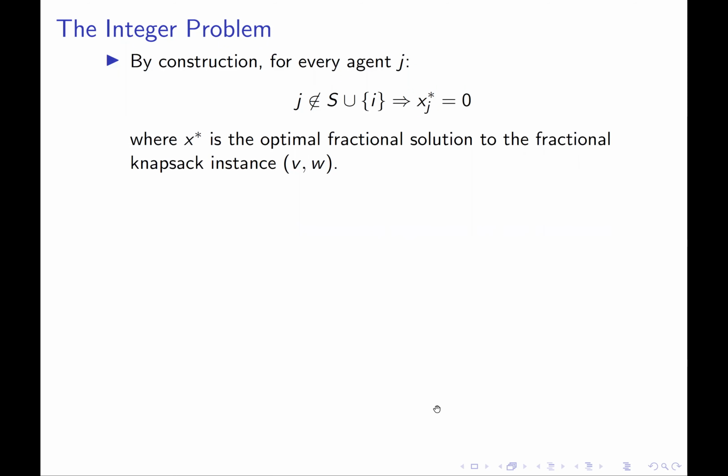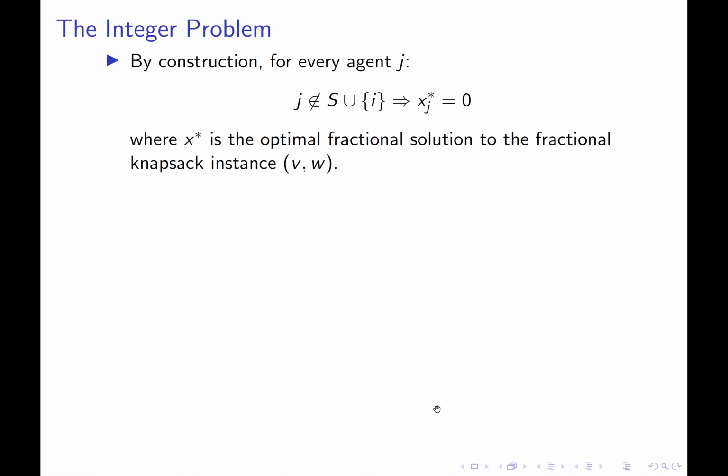And we're going to prove this by comparing the solution that it outputs to the optimal fractional solution, which we know something about. Right? Because by construction, if we look at how this set S was greedily constructed, it is exactly the way that the optimal algorithm for the fractional problem begins.